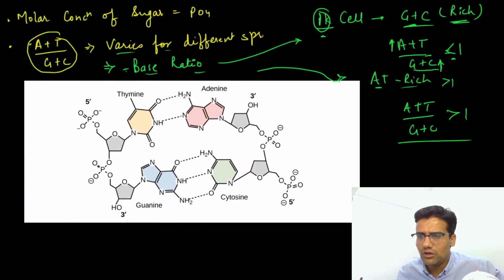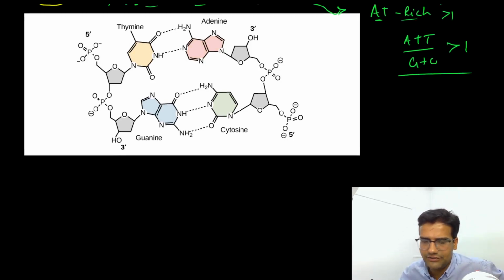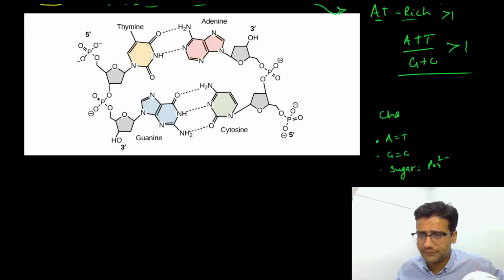So if we talk about the Franklin and Wilkins structure and Chargaff rule, they already realized that the adenine amount is equal to thymine, the molar concentration of guanine is equal to cytosine, and the molar concentration of sugar is equal to phosphate. So this was derived from Chargaff.